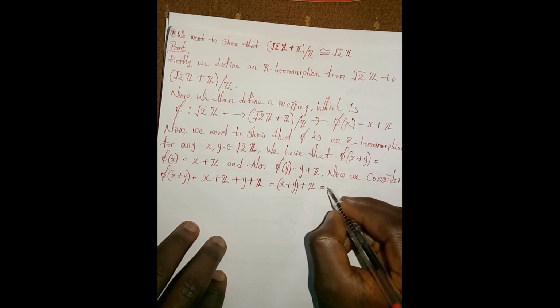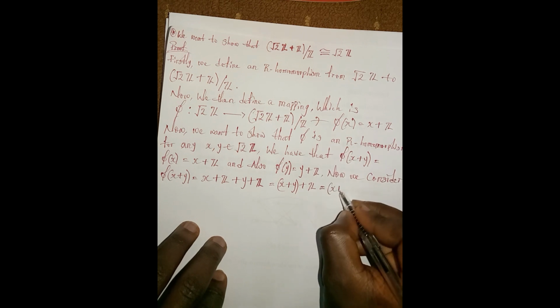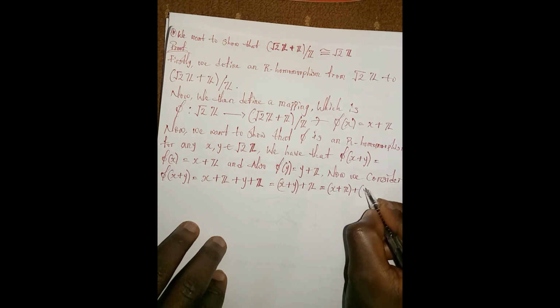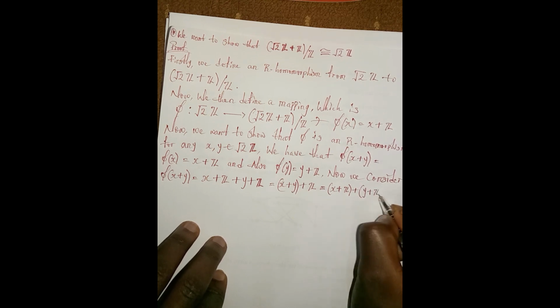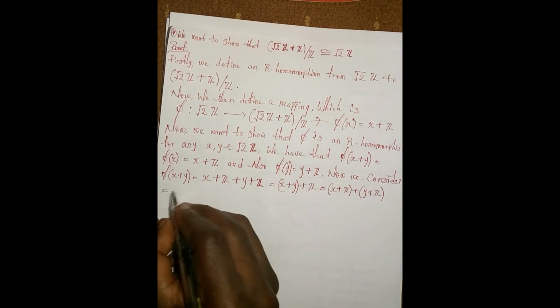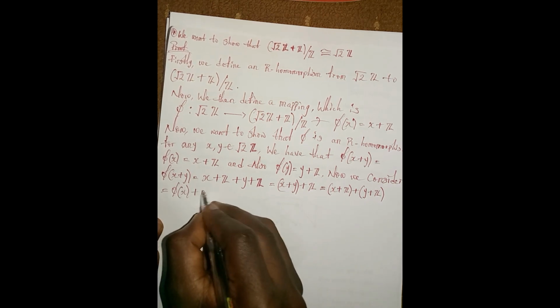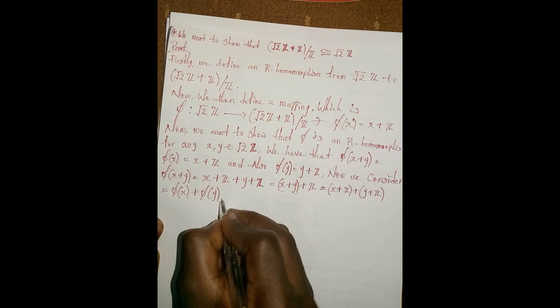If we further split this apart, x plus script z plus y plus script z, which shows that we have phi of x plus phi of y.